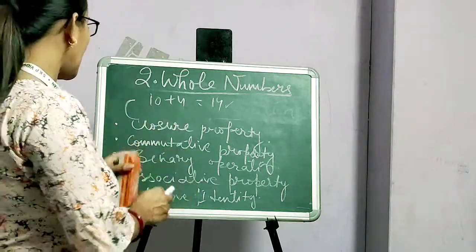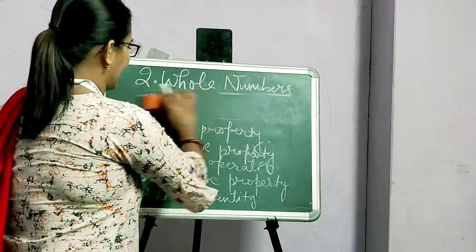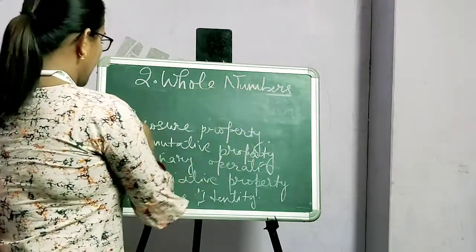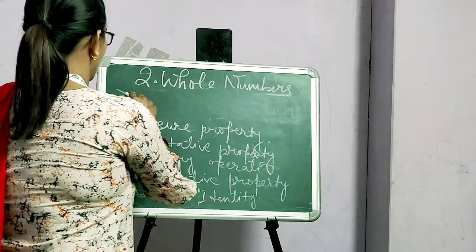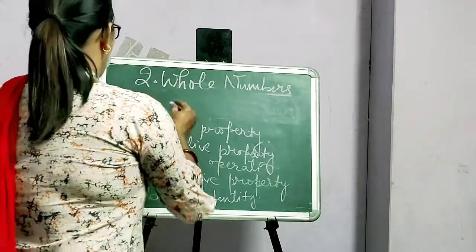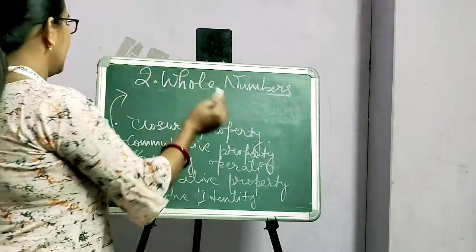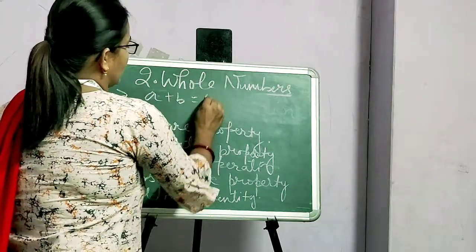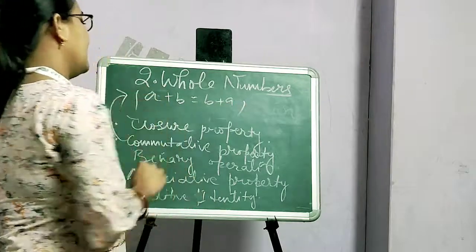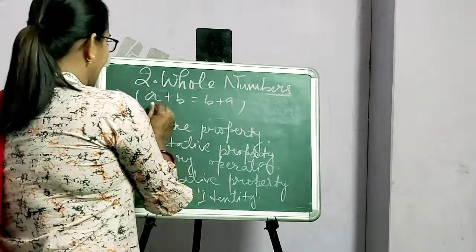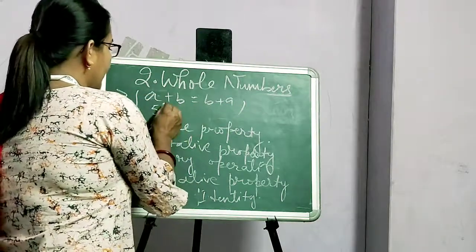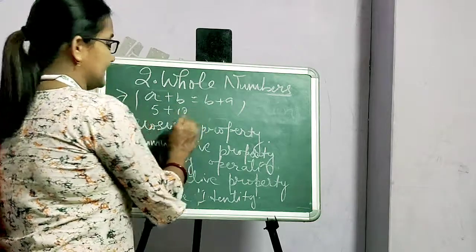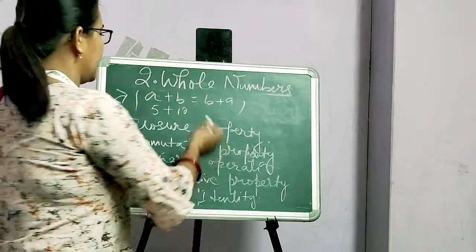Okay, now next is commutative property. I will show an example here. Suppose a plus b is equal to b plus a. It means if I add 5 plus 10, it will be 15.